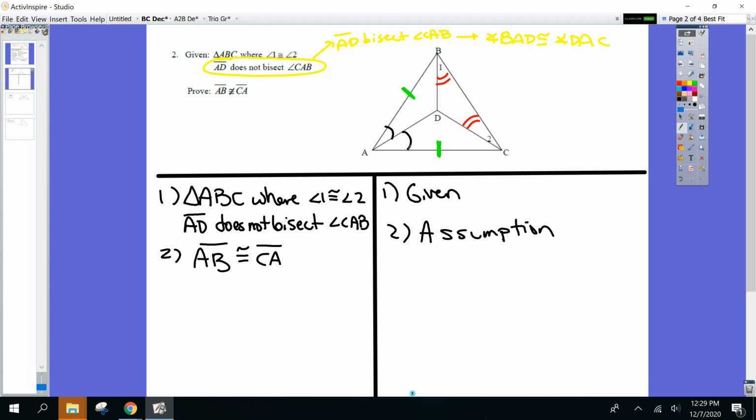Yes, but because we could prove angle 2 is congruent to angle BAD, we could subtract the whole angle, which we know are congruent because these two sides would have to be congruent. So then you could subtract, you know that it's an isosceles, so those two angles are congruent.